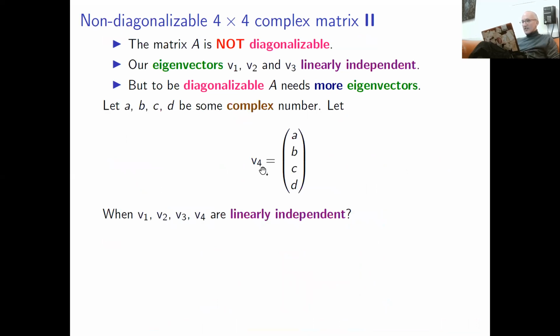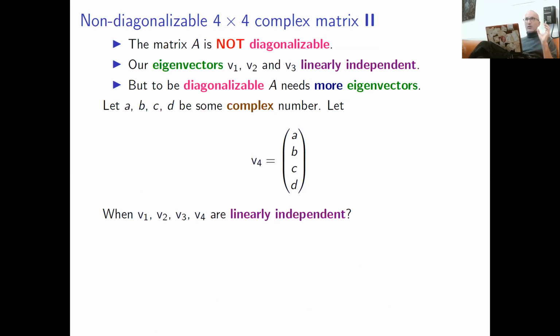Okay, so I just took vector v4, just an arbitrary vector v4. I know that I want v4 to be an eigenvector, and I know that it should be with eigenvalue 4, but I cannot find it. So I just said, okay, let's just take any vector. Why?